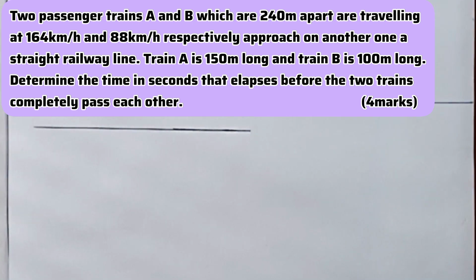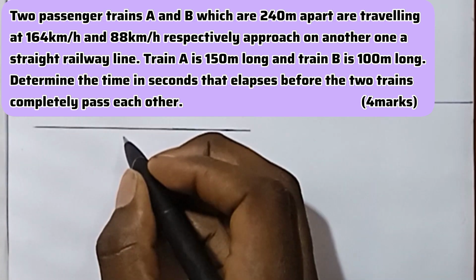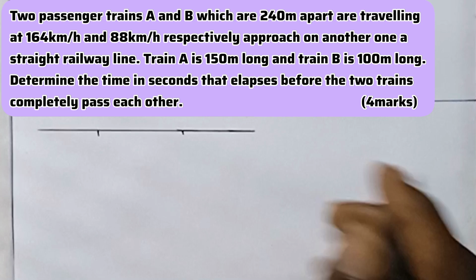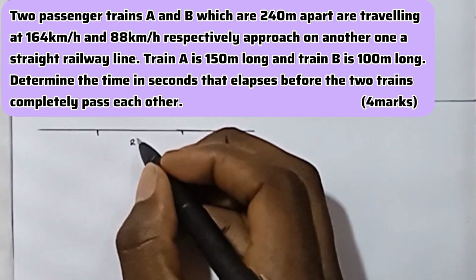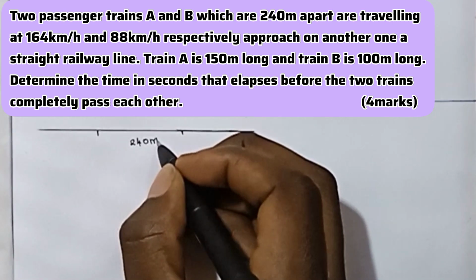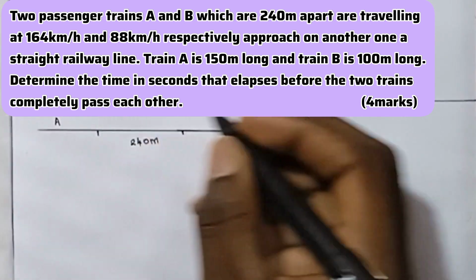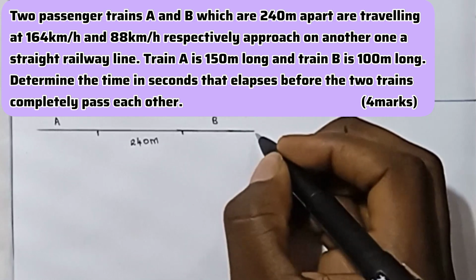We have train A and train B, and the distance between the two trains is 240 meters. So let's say that distance is between here and here. This is 240 meters, and let's say this is train A and this is train B.